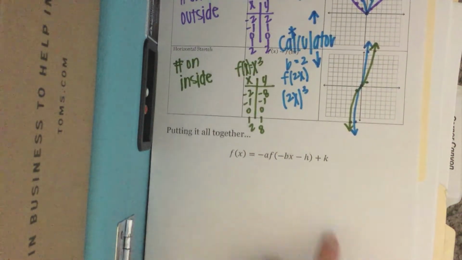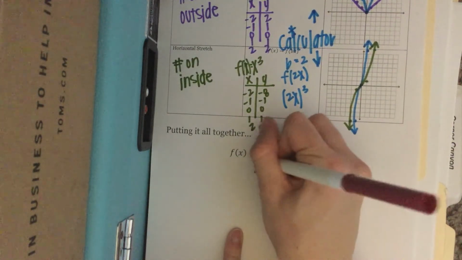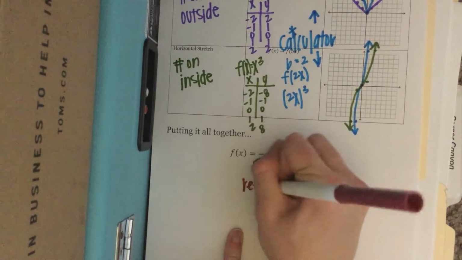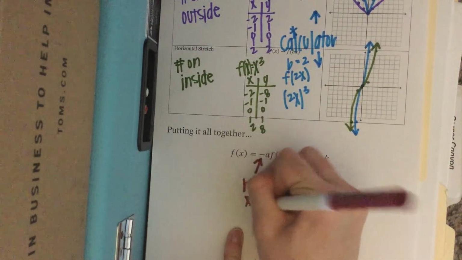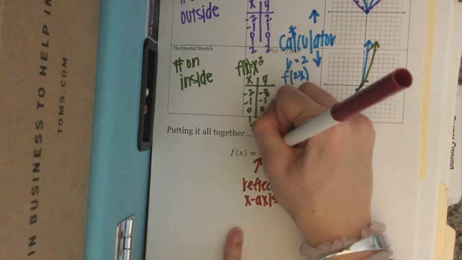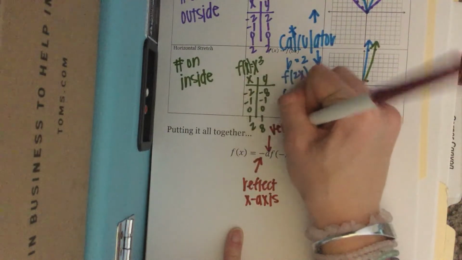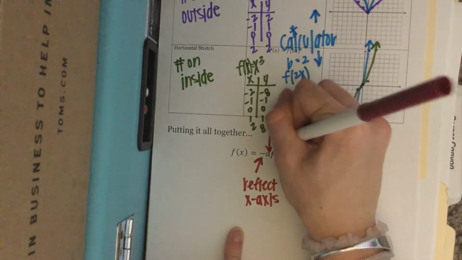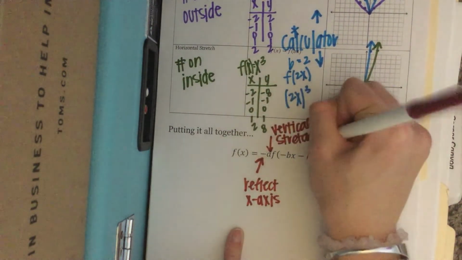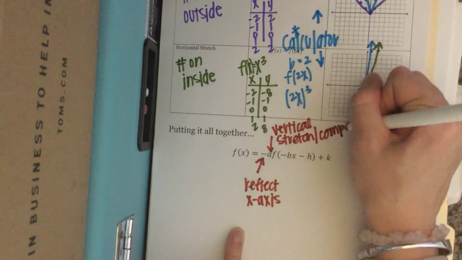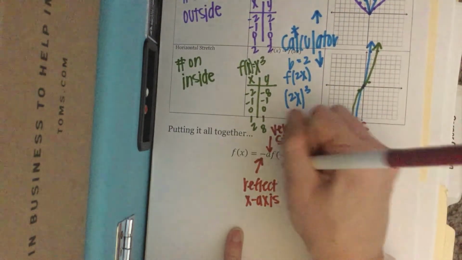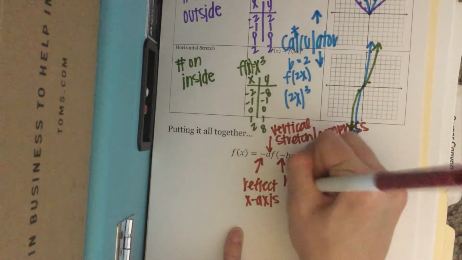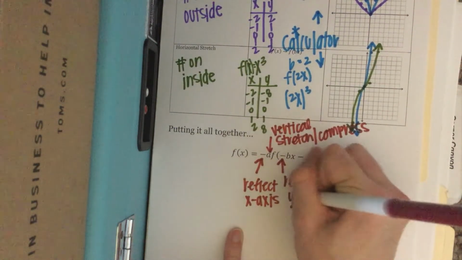Now this part, make sure everyone writes this down. So this negative reflects over the x-axis. A is a vertical stretch or compress, it might say compress. This negative reflects over the y-axis.